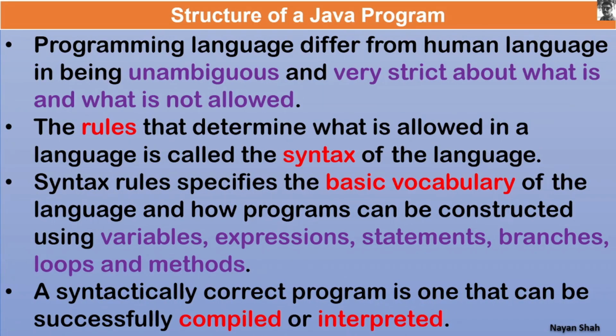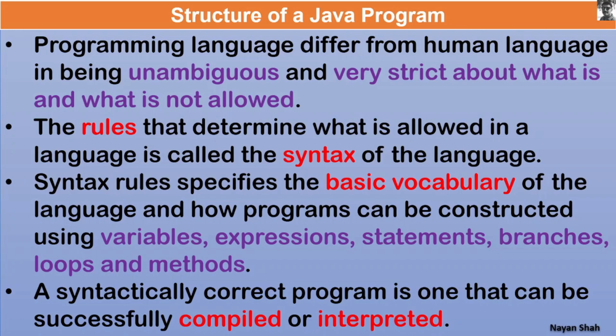Structure of a Java program. Now the next is, what is the structure of a Java program? Now you know that programming languages differ from human language in being unambiguous and very strict about what is and what is not allowed. Understand this statement clearly.